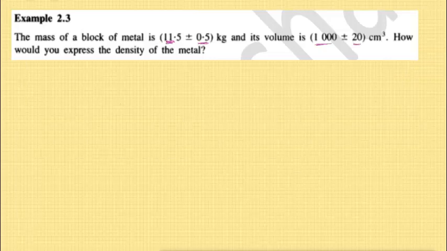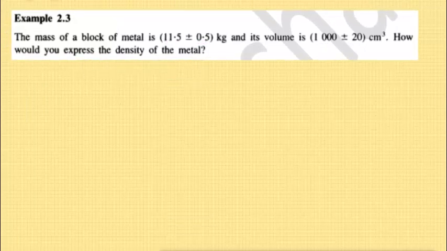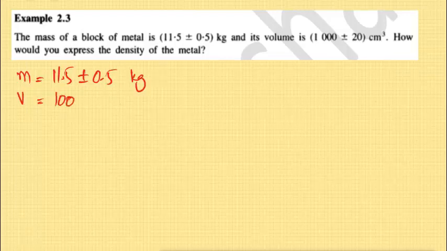So that is 1000 plus minus 20 cm cube, and that is 11.5 plus minus 0.5 kg. So here I can write that I know the mass as 11.5 plus minus 0.5 kg, and I know the volume V as 1000 plus minus 20 centimeter cube.